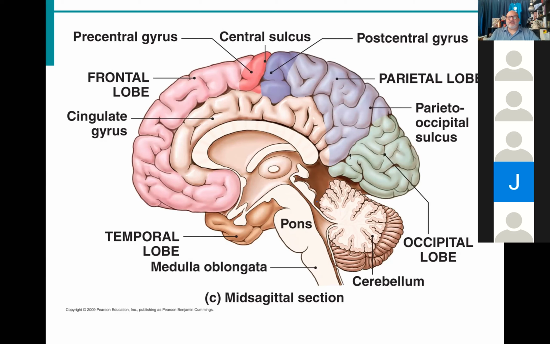One of the easiest ways to see the most distinct structure is indeed in this view. Notice there's this big, huge structure that is white in color on our illustration, and of course that indicates axons.